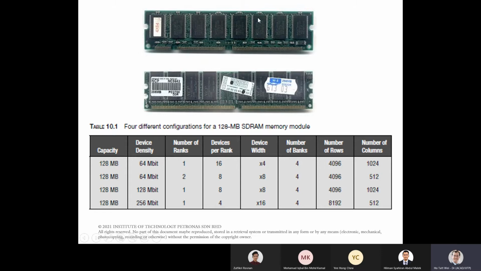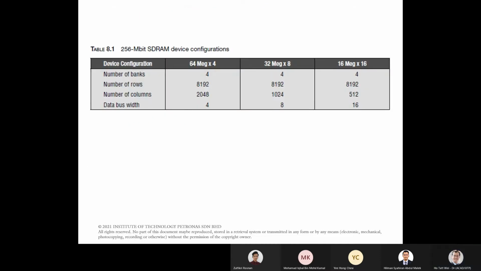So on both sides, if each of these chips is 128 megabyte SDRAM, and I've got 8 on this side and 8 on the other side, 16, this is a 2 gigabyte SDRAM. And each of these chips has a device density of 64 megabits. There's a certain number of rows, columns, banks, device width, devices per rank, and number of ranks. Let's talk about that.